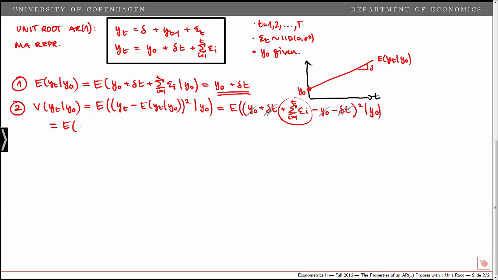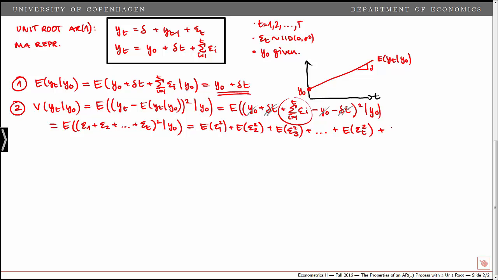We can rewrite this as the expected value of epsilon_1, epsilon_2, all the way up to epsilon_t, squared, conditional on y_0. Now y_0 contains no information about the epsilons, so we can take out the conditional part here and simply look at this as the expected value of epsilon_1 squared plus the expected value of epsilon_2 squared plus expected value of epsilon_3 squared plus all the way up to the expected value of epsilon_t squared, like this.